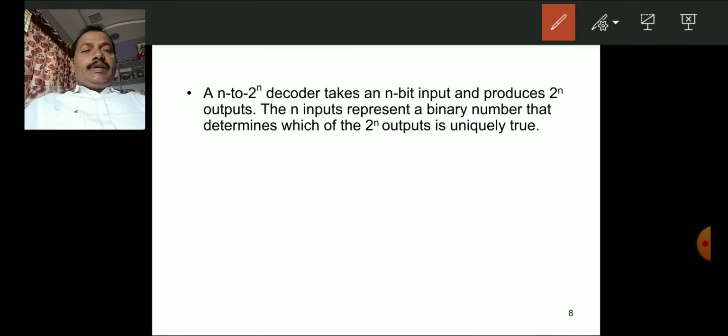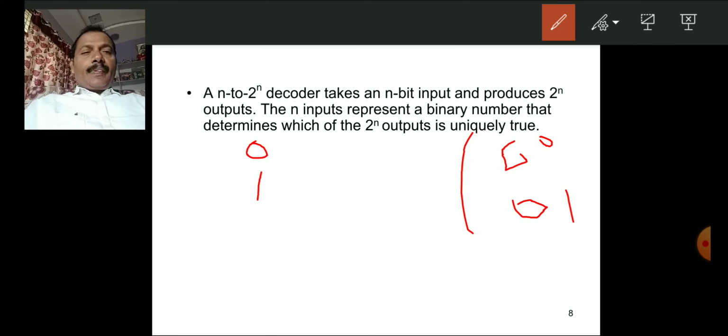For example, a single digit is there. With a single digit there are only two combinations, 0 and 1. That means you can identify only two houses, 0 and 1. For example, there are two bits.